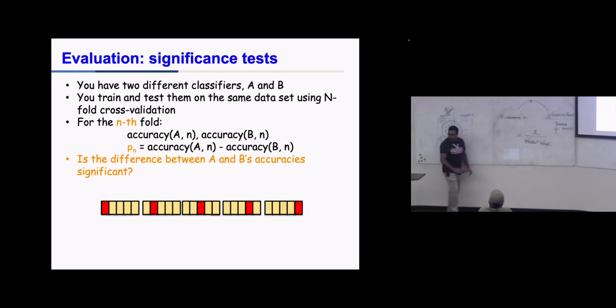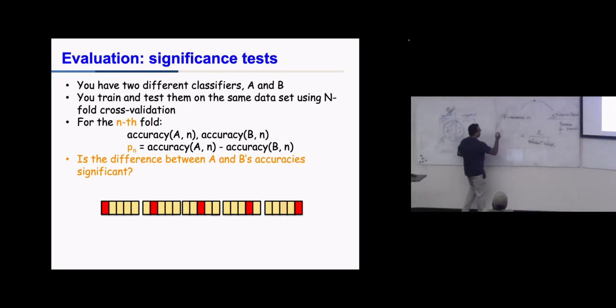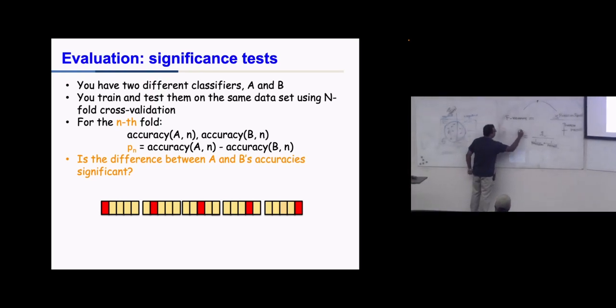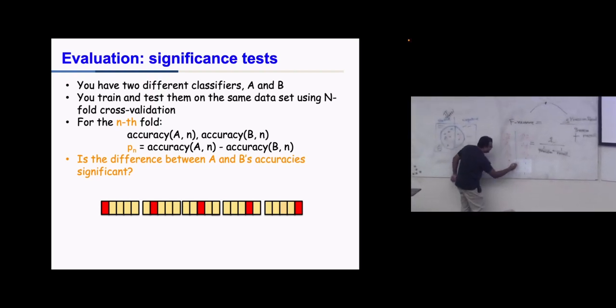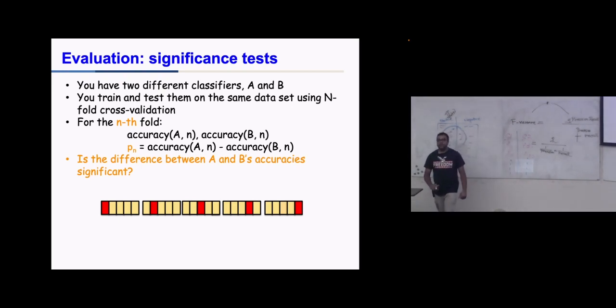Just tell me, you have two classifiers and you have accuracy numbers, A11, A21, A12, A22, and so on. Right? So if I give you this, what is the most obvious thing you are going to do to compare these two sets of numbers?